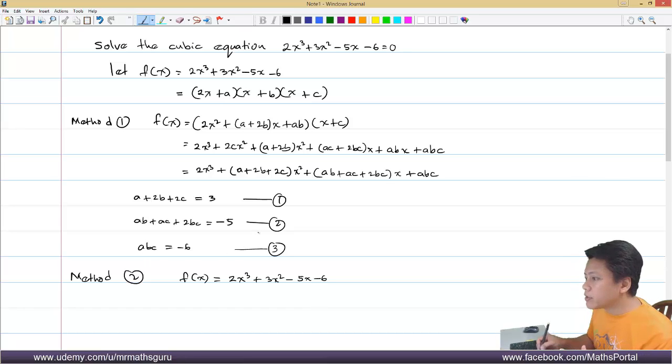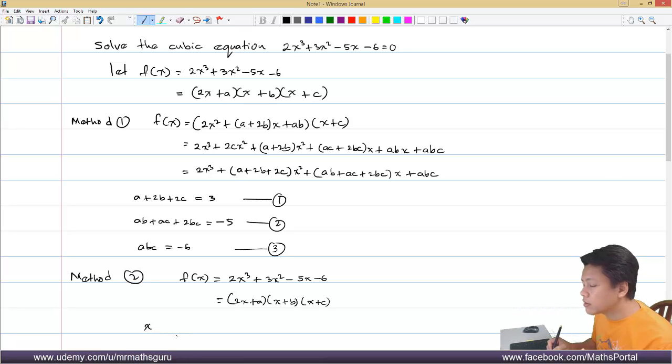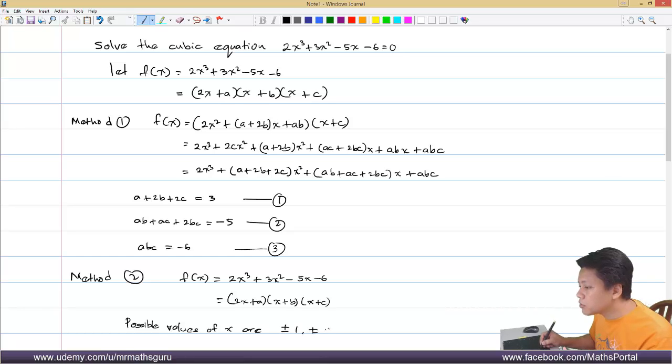We know that a times b times c is equal to minus 6, which means the possible values of x can be plus or minus 1, plus or minus 2, plus or minus 3, or plus or minus 6.